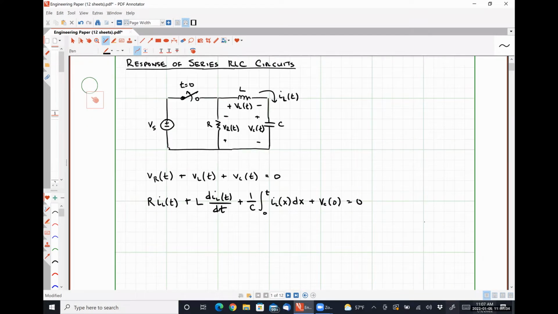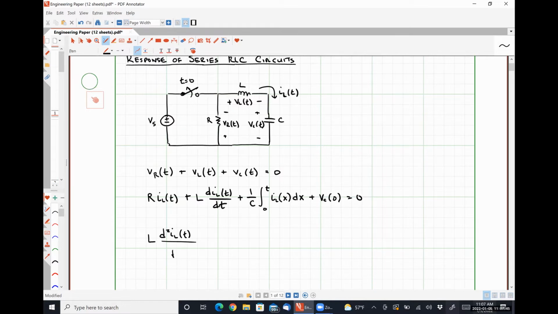And if I do that, what I will find is that I'll get L times the second derivative of the inductor current plus R times the first derivative of the inductor current plus 1 over C times the inductor current itself is equal to 0. So we have a homogeneous second order differential equation.